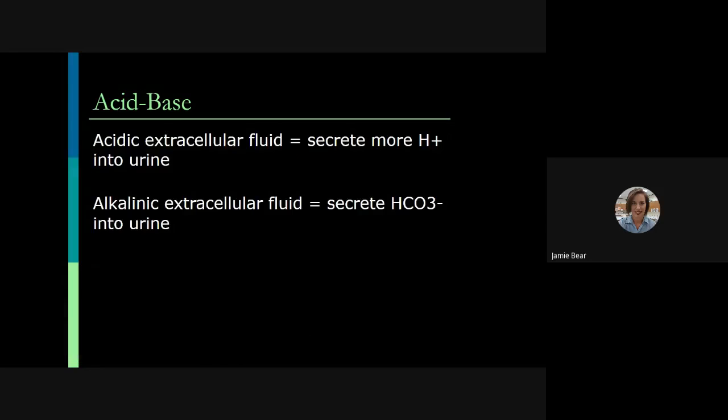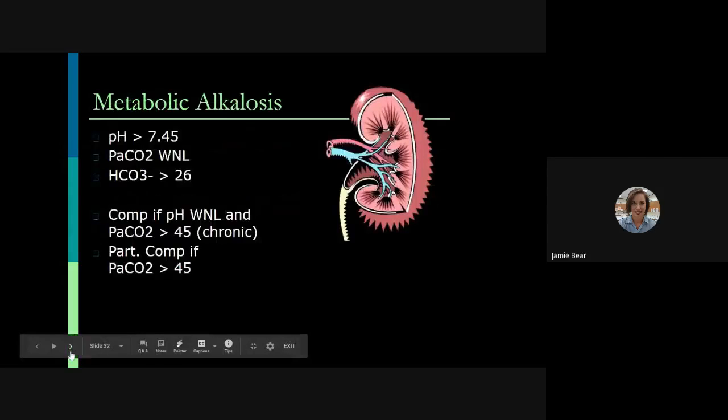So when your patient has an acidic extracellular fluid status, your kidneys will secrete more hydrogen ions into the urine. And if we have an alkalinic extracellular fluid status, your kidneys will secrete bicarbonate into the urine.